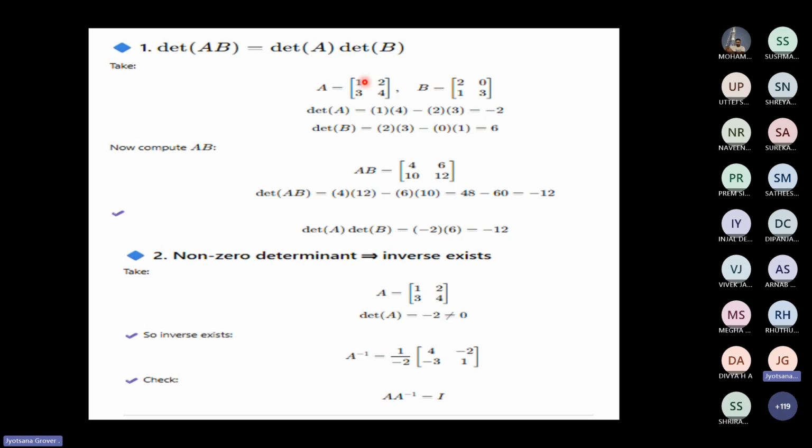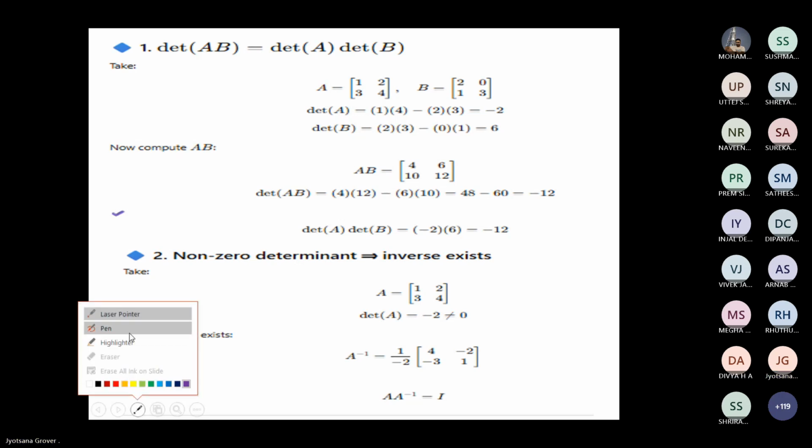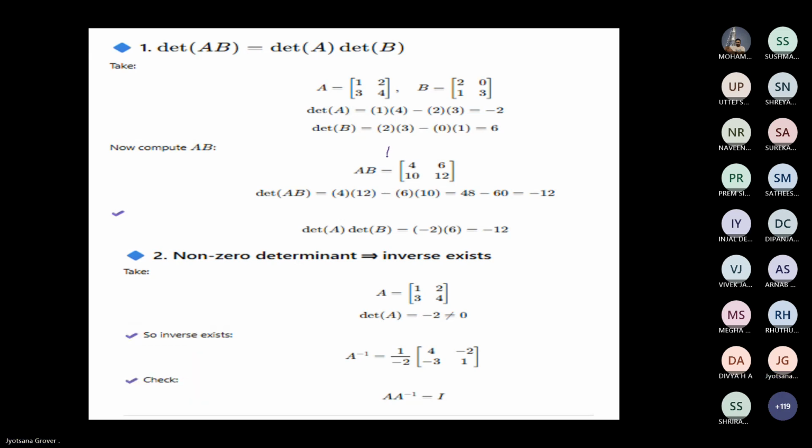That means take the first row of A and its dot product with the first column of B. So 1 into 2 plus 2 into 1, so it's 4. Now, how do you calculate this value? We did it yesterday. I'll do it again. No problem. This is the 1 2 entry, which means first row and second column, so you have to take this entry.